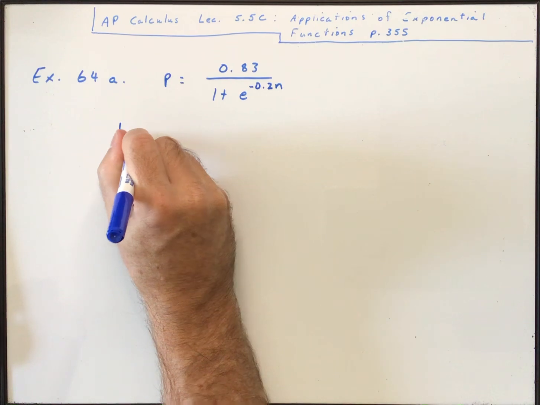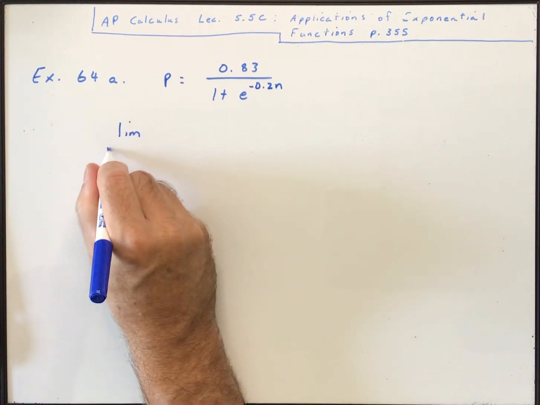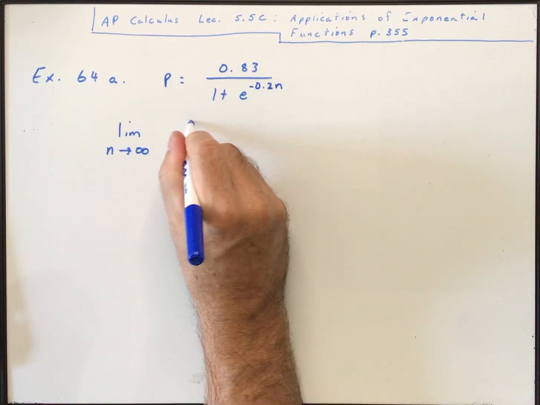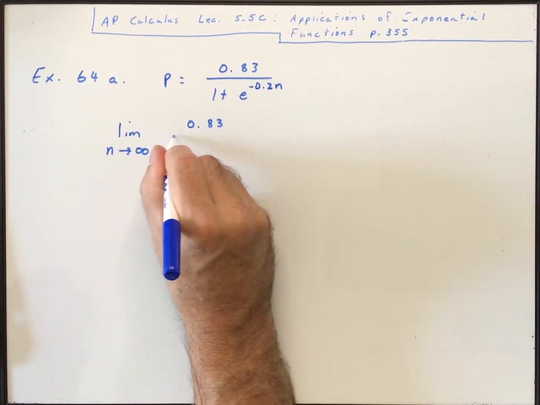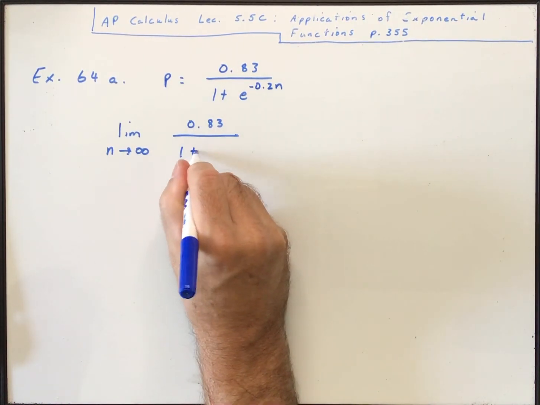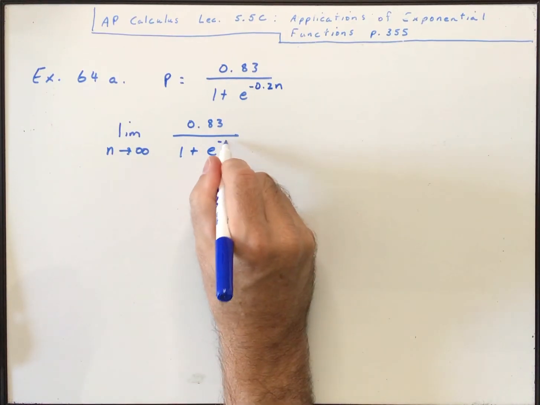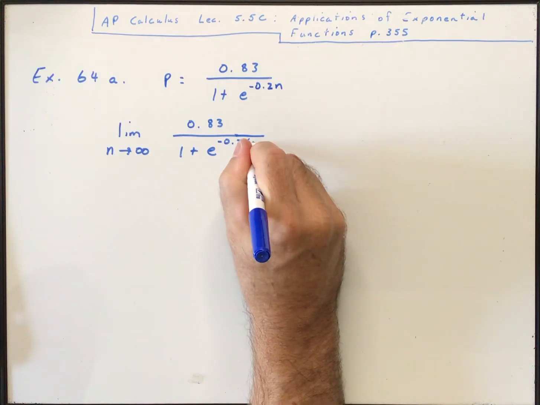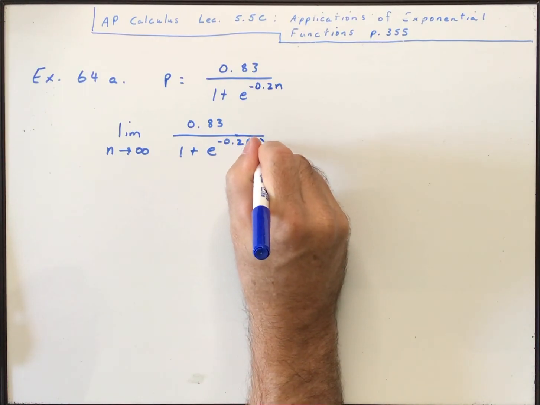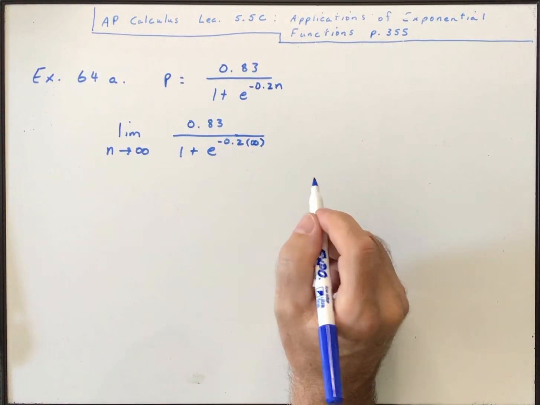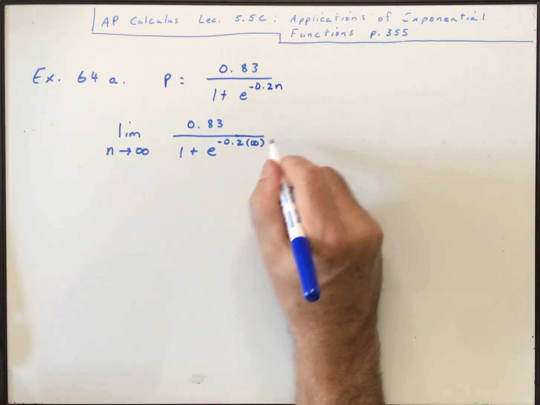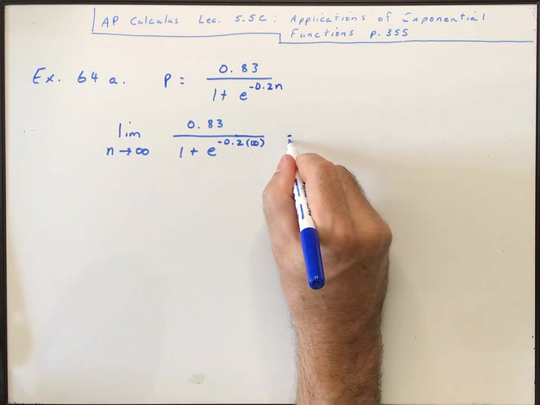So we're going to take the limit as n approaches infinity of 0.83 over 1 plus e to the minus 0.2n, and then think of an infinitely large number there. Okay, if it's a negative exponent, so this would be negative infinity, right?